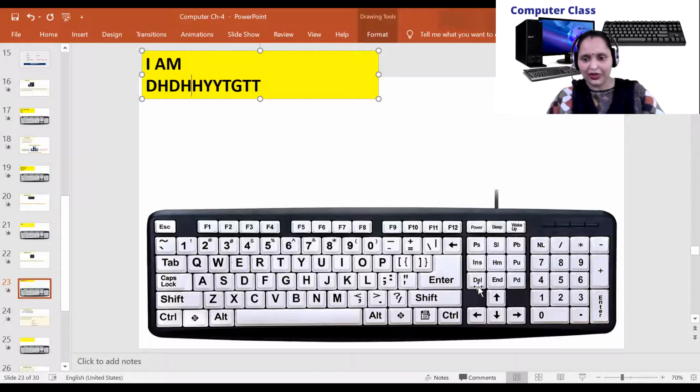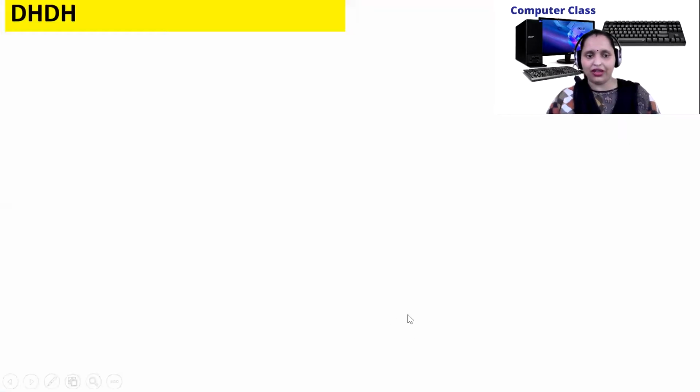By pressing the delete key, the alphabets are erasing. Which alphabets are erasing? The right side. The alphabets on the right side of the cursor are erased. Okay children? I hope the delete key is also clear to you, everyone.